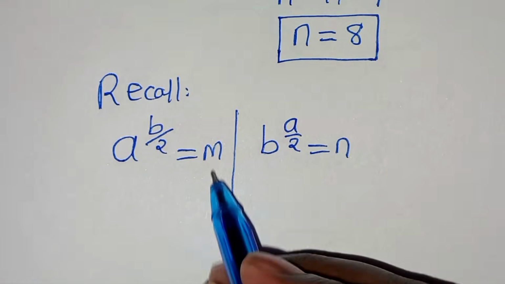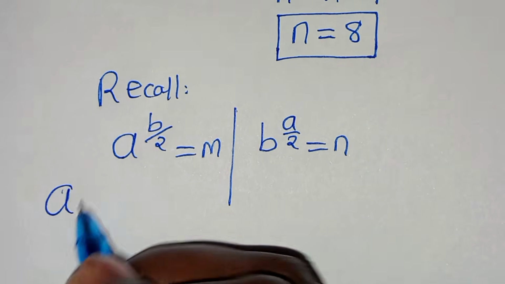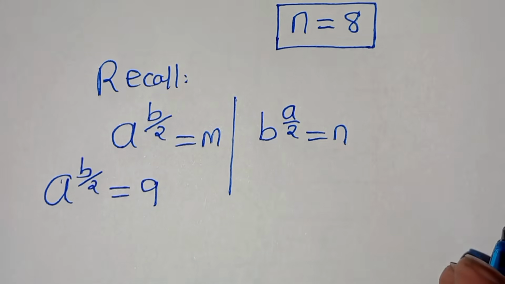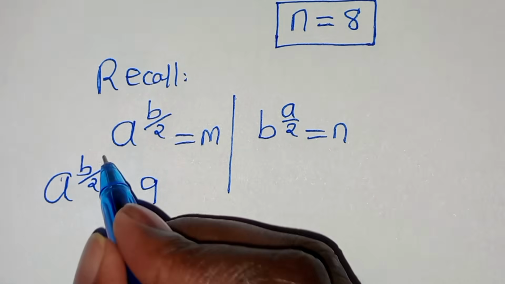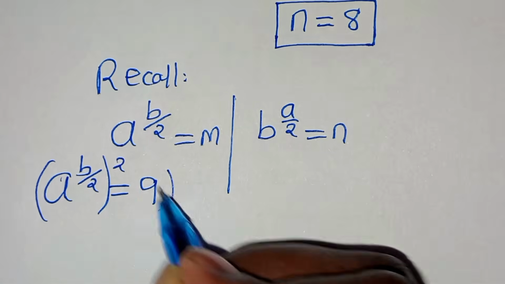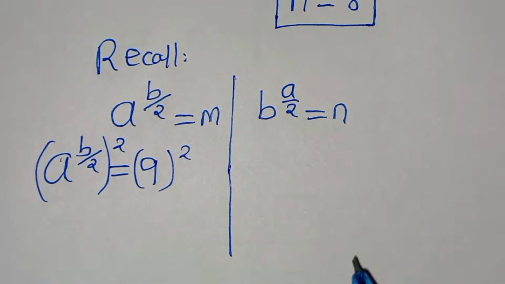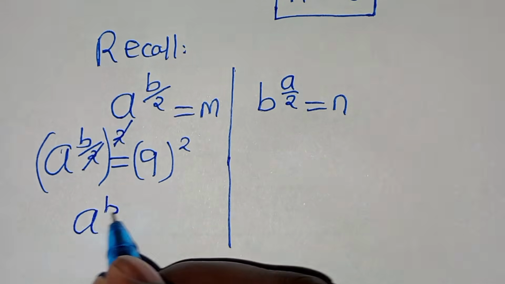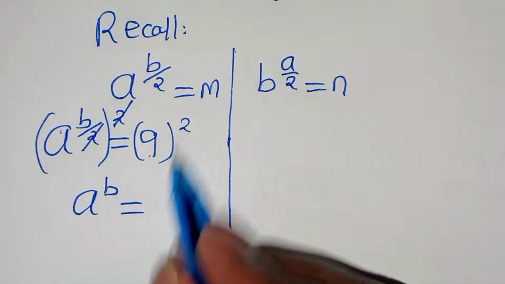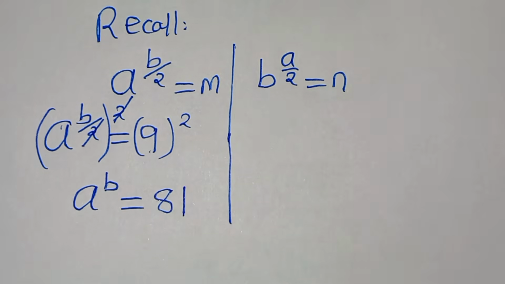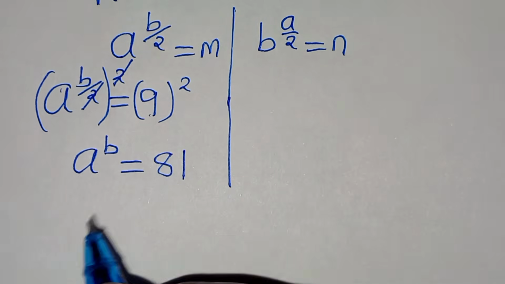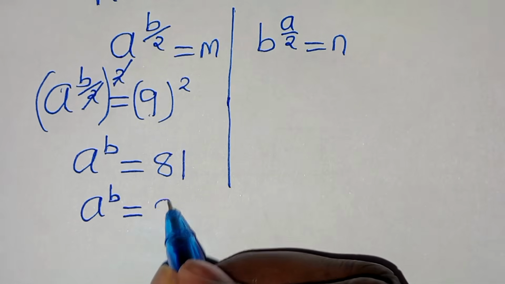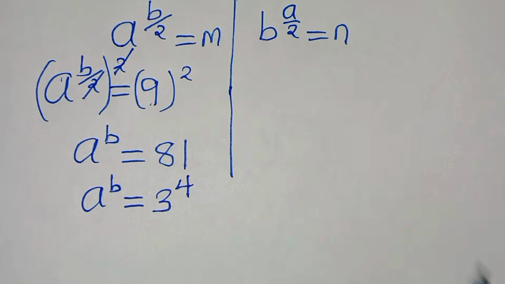Let's substitute m, which is 9, so that a to the power of b over 2 is equal to 9. The next step is to square both sides, so that we have a to the power of b equal to 9 squared, which is 81. And a to the power of b is 3 to the power of 4.